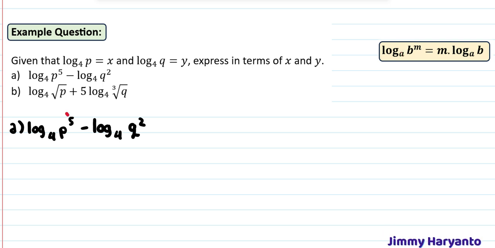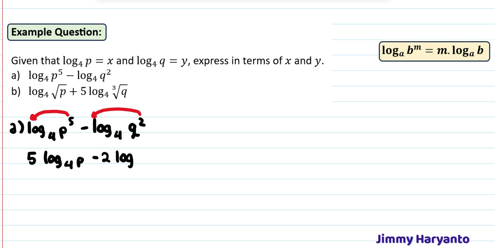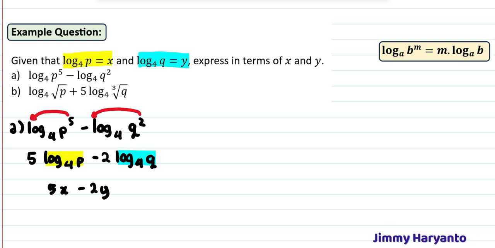If you have powers, you can move it to the front like this, and you'll have 5 logarithm 4 p, and then this one will become 2 log 4 q. We already know that log 4 p equals to x and log 4 q equals to y. That means this one will become x and this one will become y. So you'll have 5x minus 2y as the final result for question A.